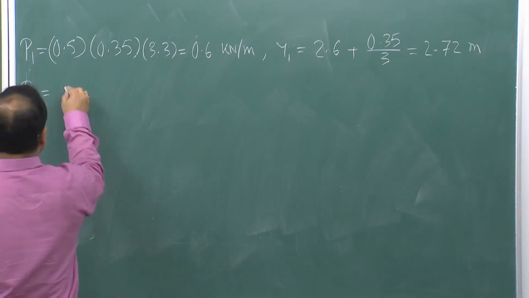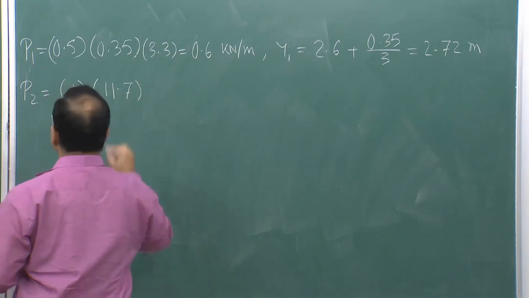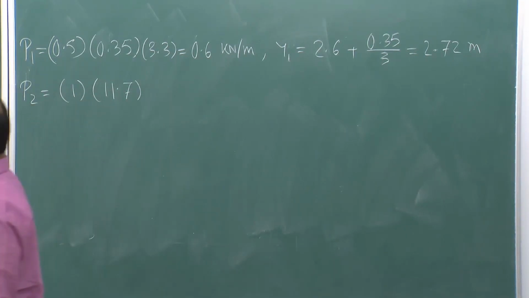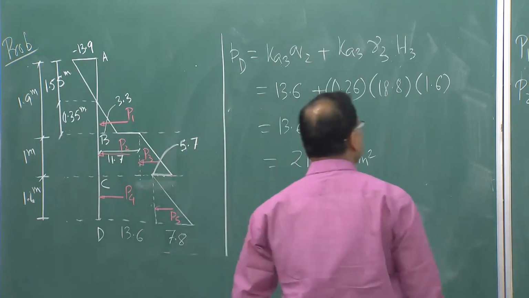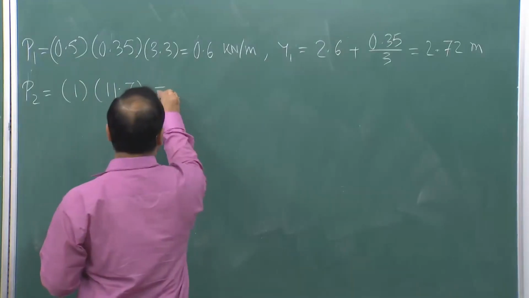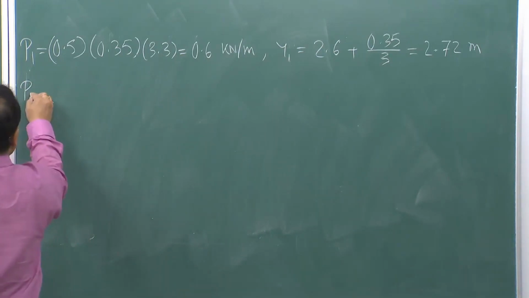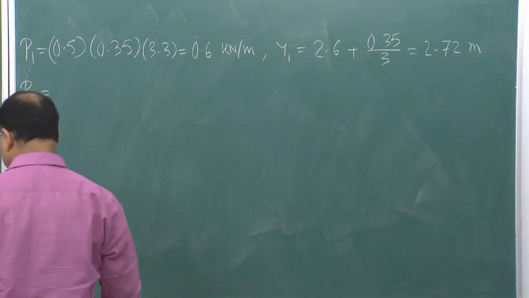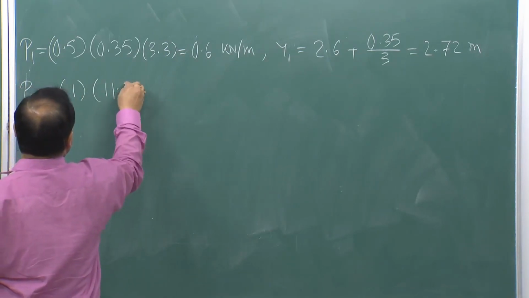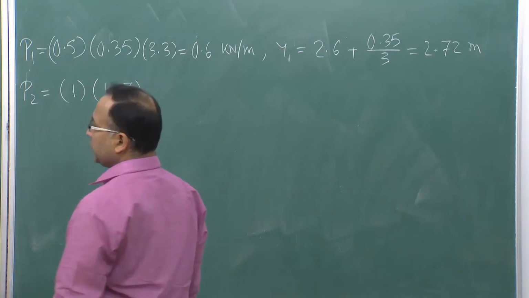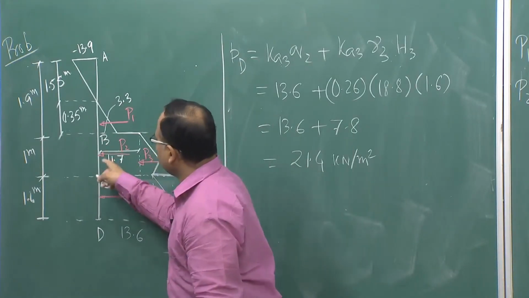Similarly, you can calculate P2. P2 is equal to 1 into 11.7. So, this is the area. 11.7 is this and 1 is the depth.